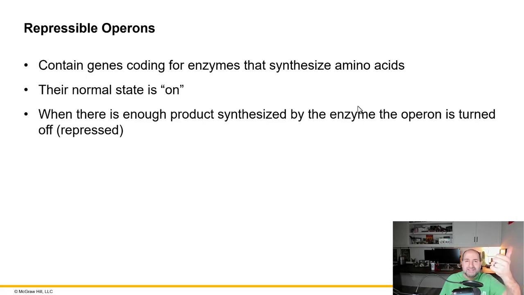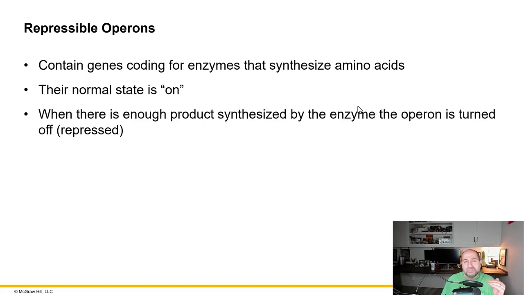What if I provide that amino acid, like I inject that amino acid into its environment, and now it has plenty of that amino acid? Well, in this case, the presence of that surplus of that amino acid can repress the operon for that enzyme to make that amino acid, because why waste the resources to make the enzymes that synthesize that amino acid if there's plenty of that amino acid in the environment? You see what I'm saying?